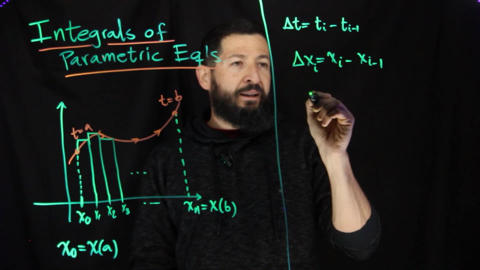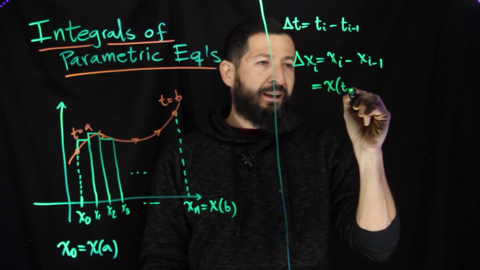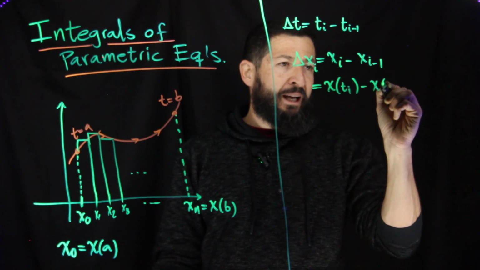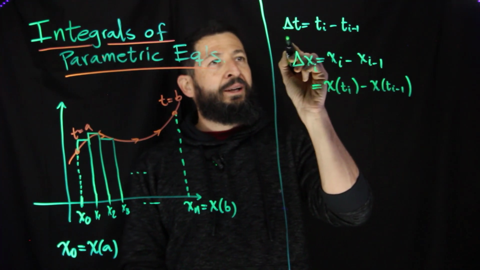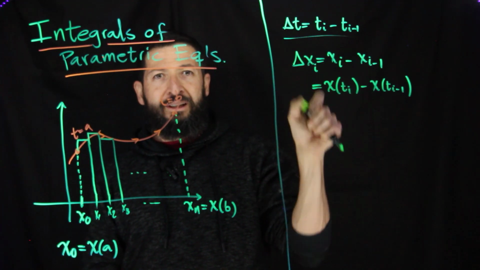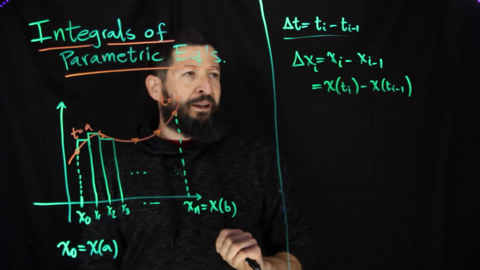That will also be written as x evaluated at ti minus x evaluated at ti minus 1. So I'm going to grab my delta t, and at each endpoint of my time interval I'm going to be evaluating the x's. That gives me these x's right here.